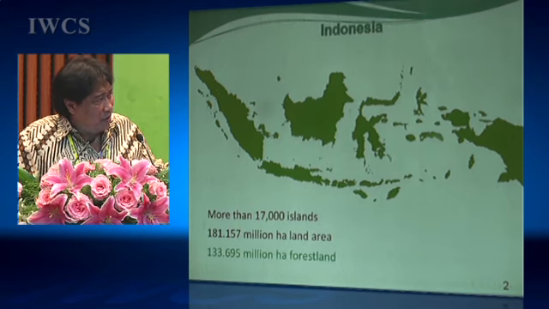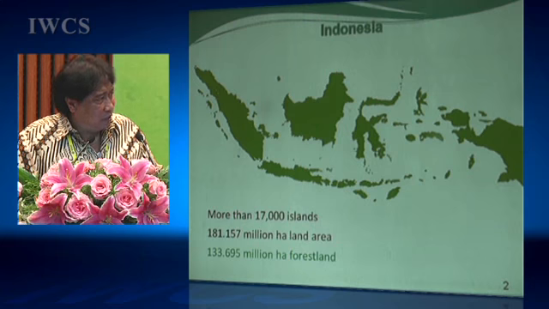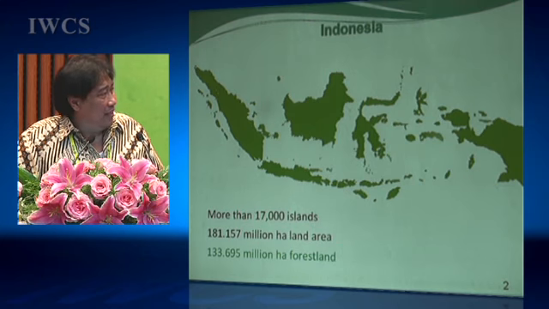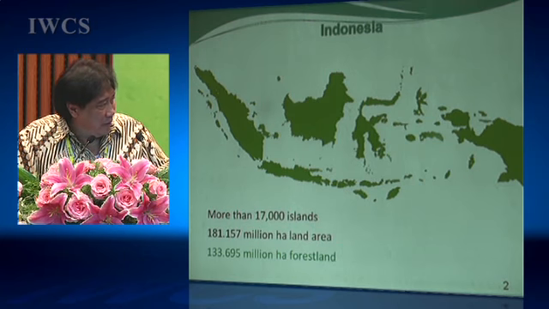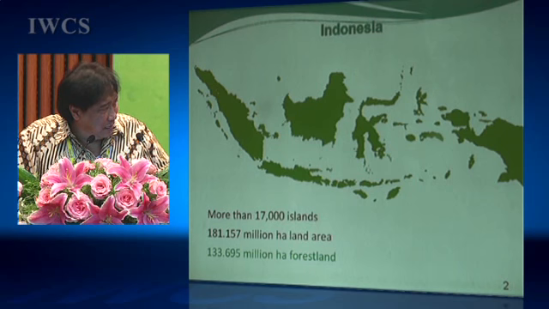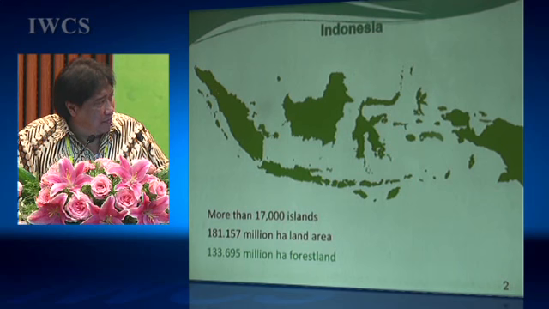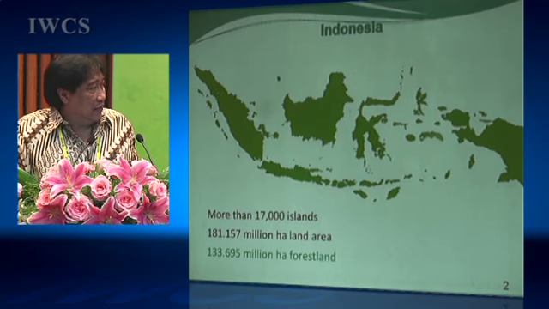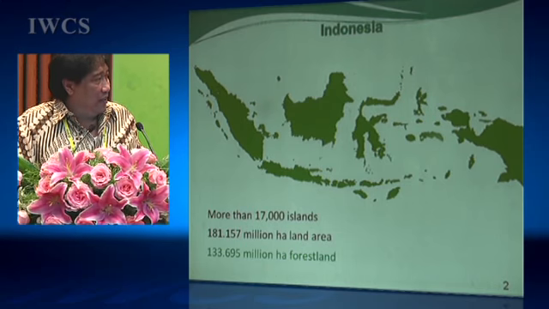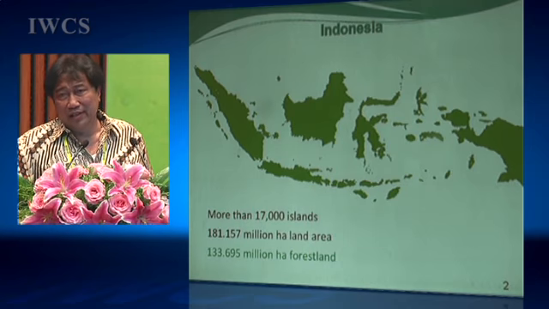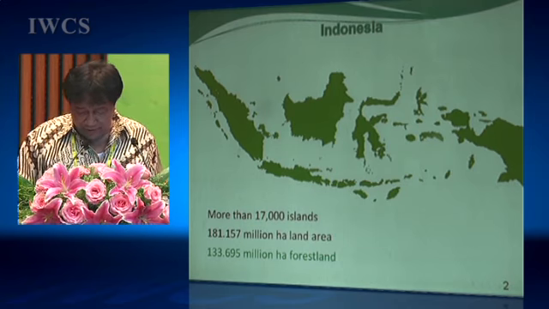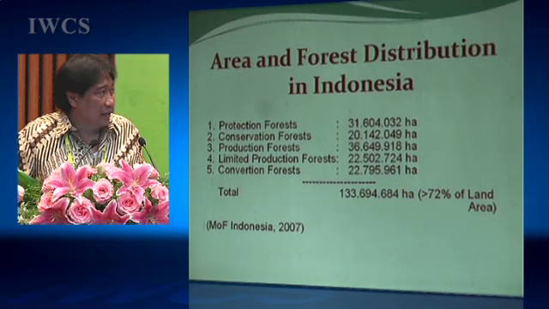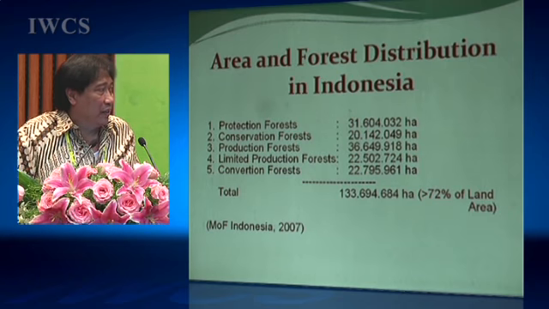We have more than 17,000 islands, and about 181 million hectares of land area. Of that, we have 133.6 million hectares of forest. This is the forest distribution in Indonesia.